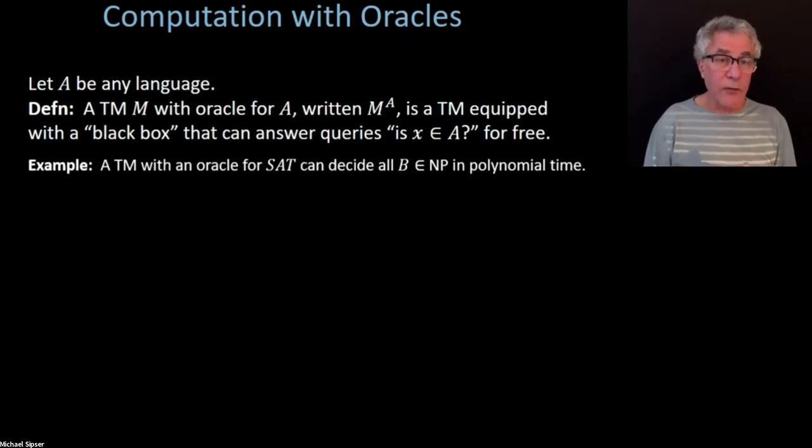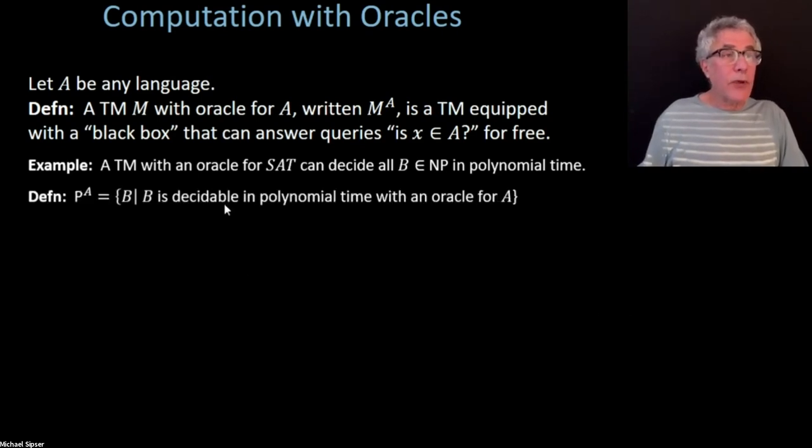It's used in cryptography, where you might imagine the oracle could provide the factors to some number or the password to some system or something, free information. And then what can you do with that? So this is a notion that comes up in other places. If we have an oracle, we can think of all of the things that you can compute in polynomial time relative to that oracle.